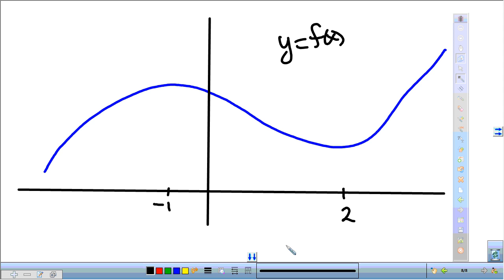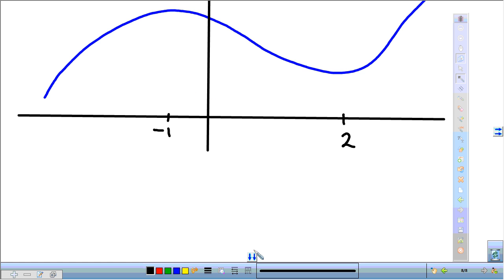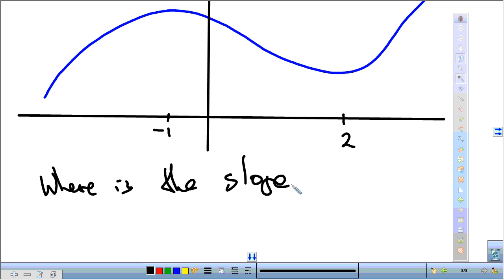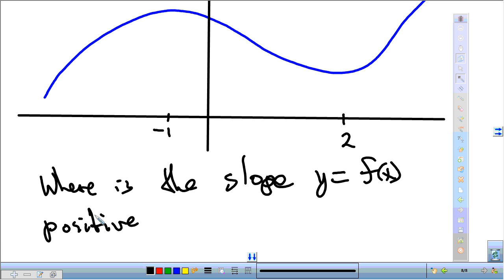Let's consider a general curve again, some y equal f of x. Here's a rough graph of that. If we're considering the slope of this curve, y equal f of x, or the direction at any particular point, we can consider when is the slope positive.